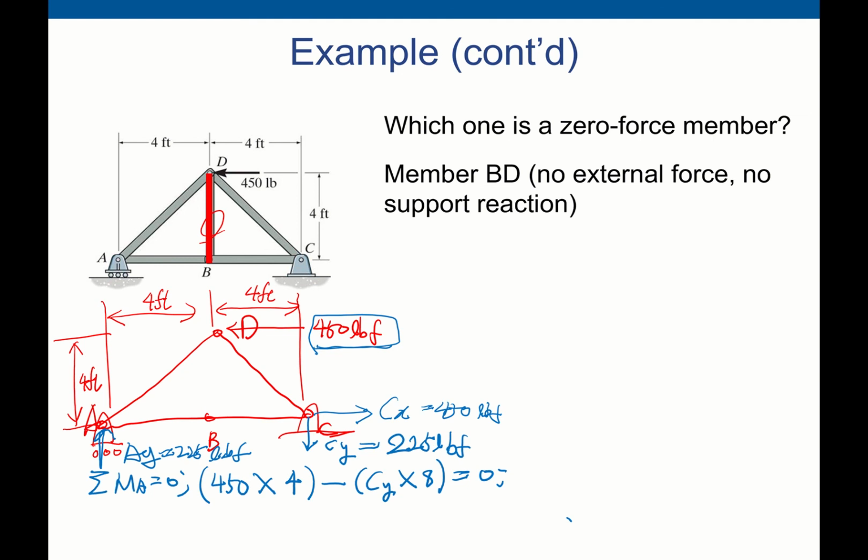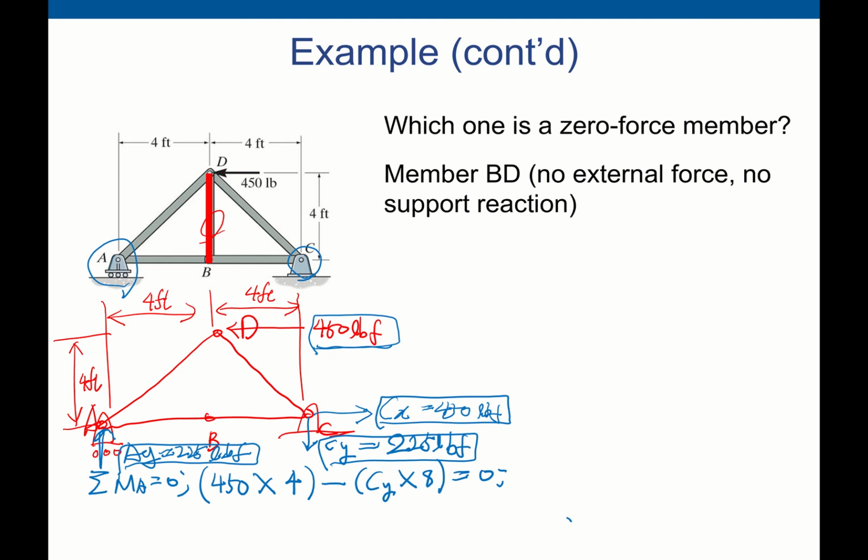So we defined all the support reactions and the external forces. Remember, joint A is supported by a roller. A roller has only one support reaction, which is vertical. A pin joint has two support reactions, horizontal and vertical. Alright, so let's move on.